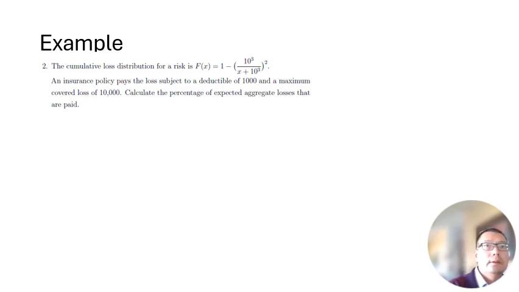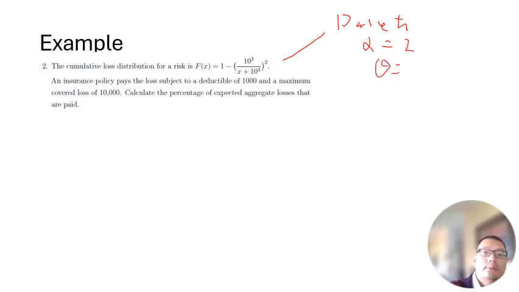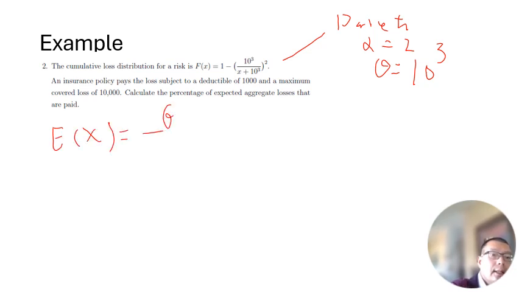Now here, first thing we want to do is recognize this Fx. We recognize this is a Pareto distribution. And in this case, alpha is equal to 2 and theta is equal to 10 to the third power. So with that, we will know that Ex, if there's no deductible or limit, will be theta over alpha minus 1.